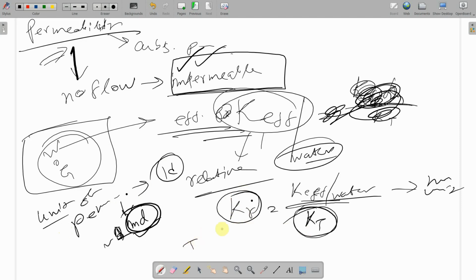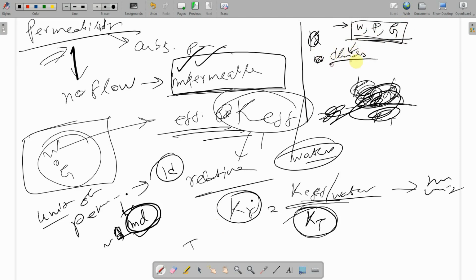To be specific, suppose 3 fluids are there: water, petrol and gases.